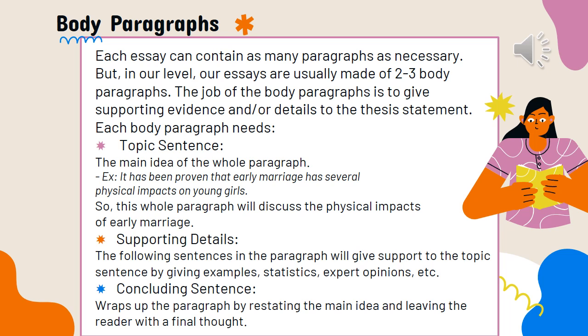For example, we can say, so early marriage has negative effects on young girls, more specifically physical impacts. And in that case, we would have written our first body paragraph that's focusing on the physical impacts. Then you will do the same for the second body paragraph, focusing on the psychological impacts.